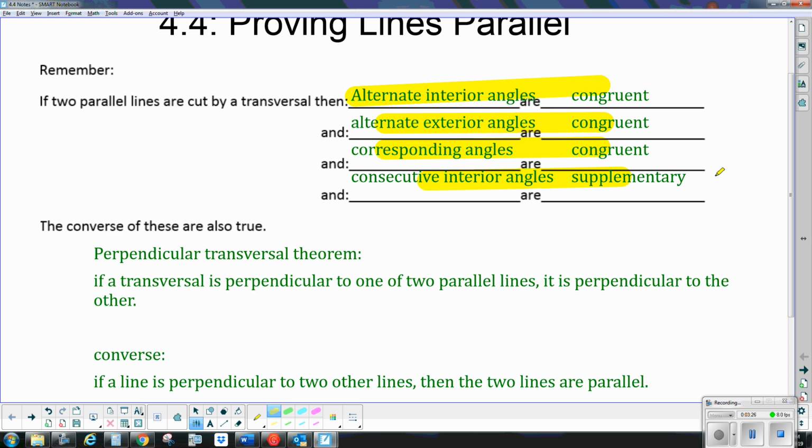Therefore, the converse would be if alternate interior angles are congruent, then the two lines cut by the transversal are parallel. If alternate exterior angles are congruent, then the two lines cut by the transversal are parallel, and so on. So remember, the converse is true, and it switches the if and the then part of the conditional statement.